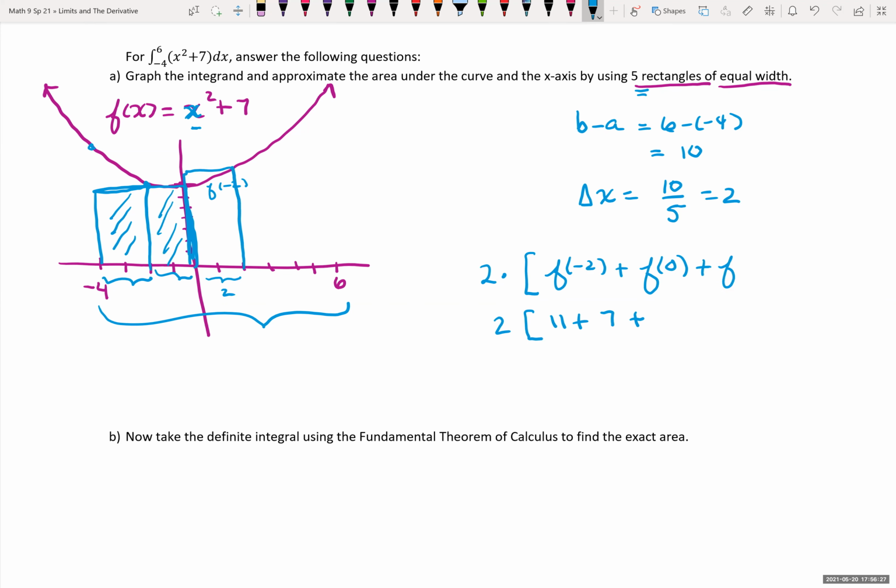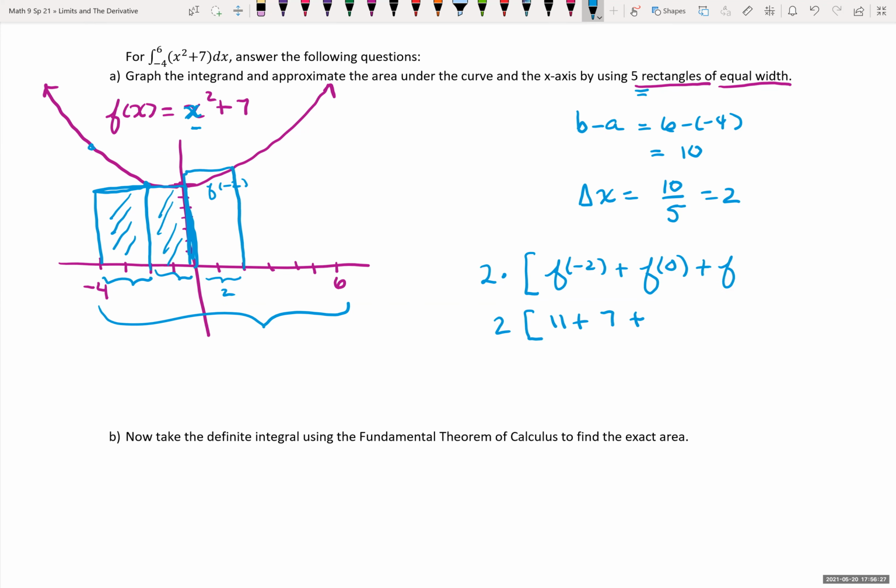So 11 plus 7 is 18. 18 plus 11 is 29. 29 plus 23 plus 43. Let me just do it here. So that's 95. So 2 times 95, that's 190.